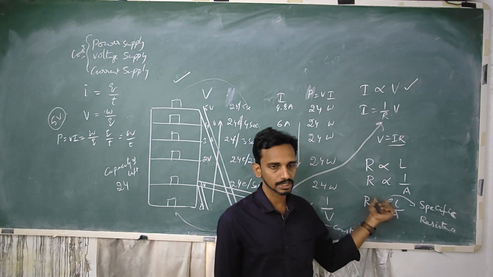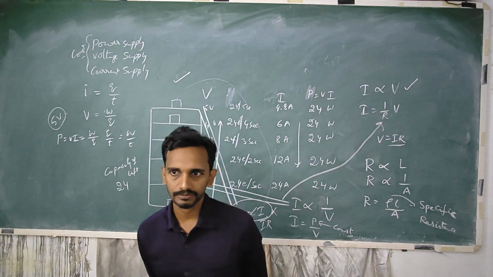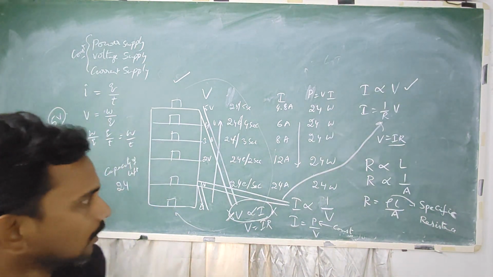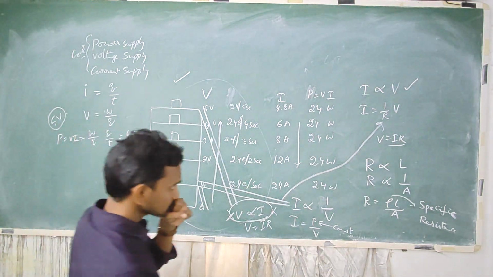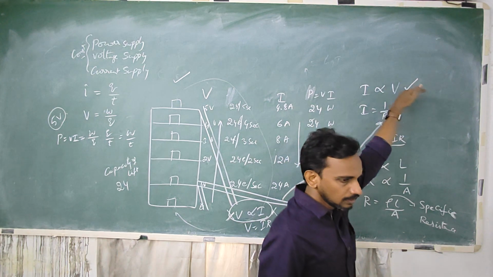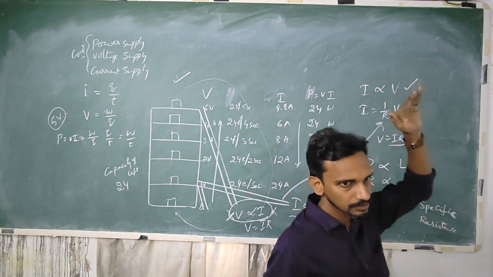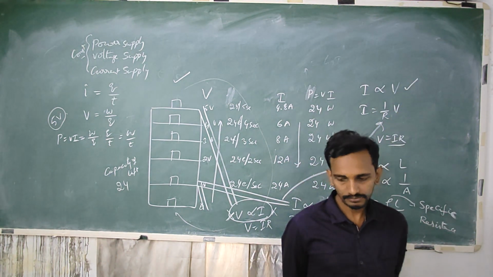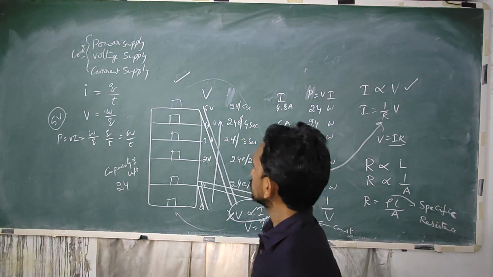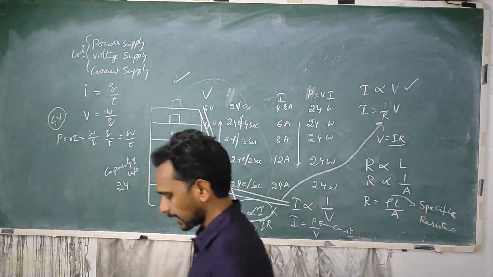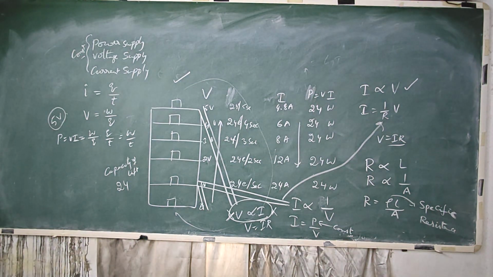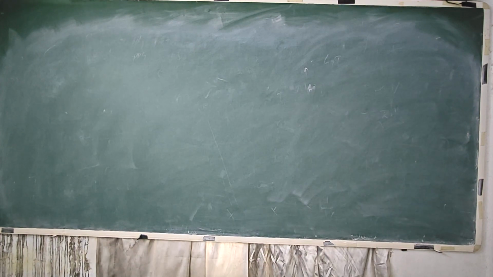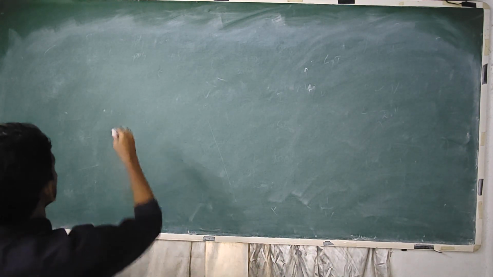Whatever resistance you get is called the specific resistance of that material. So in the case of resistors, if you raise the potential, current increases. Now we'll see parallel and series combinations of resistors.